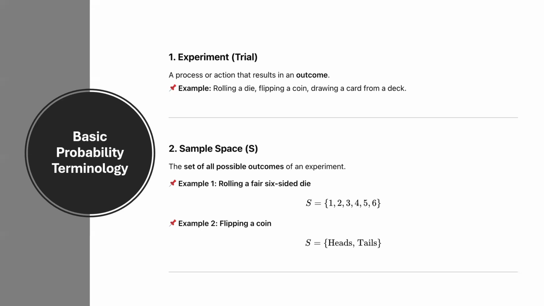Any question here? Similarly, if you flip a coin, a coin can be either heads or tails, so the possible outcomes for flipping a coin are heads and tails. Any doubt till now on experiment and sample space?